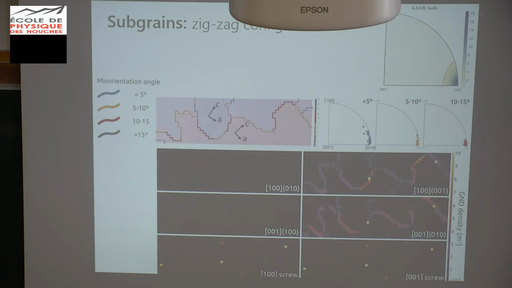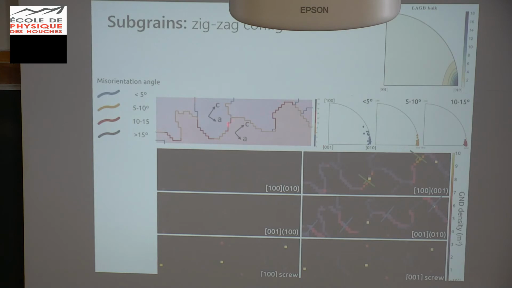This is easily explained because these ones run parallel to C or perpendicular to A. So there is accumulation of dislocations of the A type, and the others that run perpendicular to C are accumulation of the C type, and the ones that run oblique to both have about the same GND density because they are mixed with both.